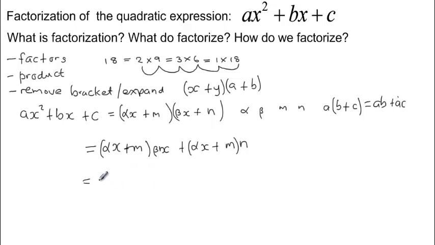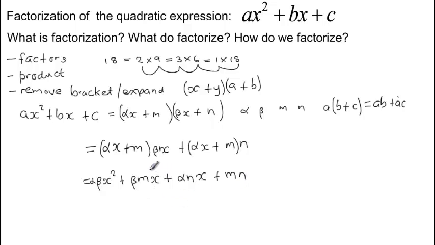Now removing brackets again, applying the same property, we are going to have this written as alpha beta x squared plus beta m x plus alpha n x plus m n.